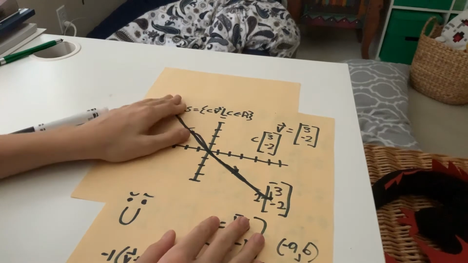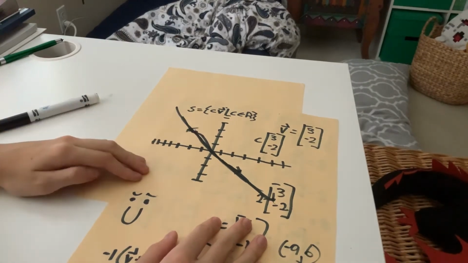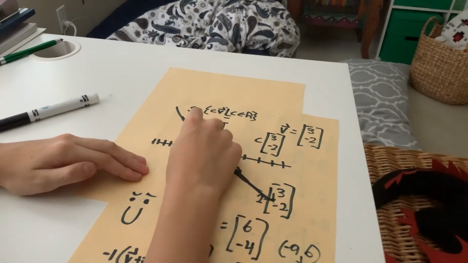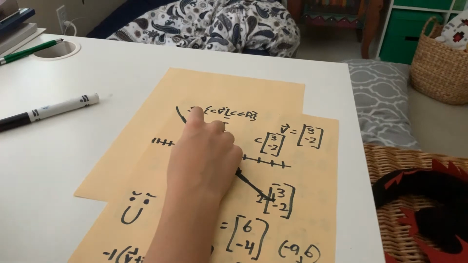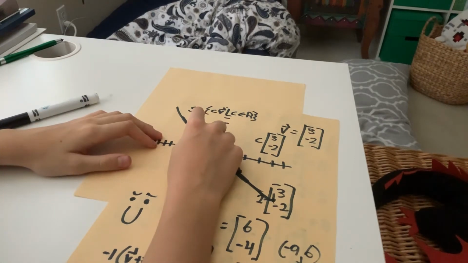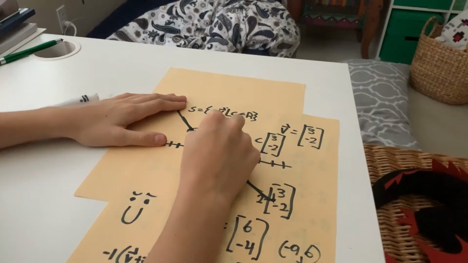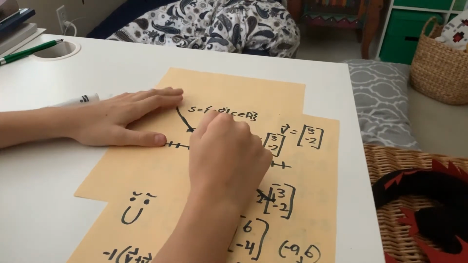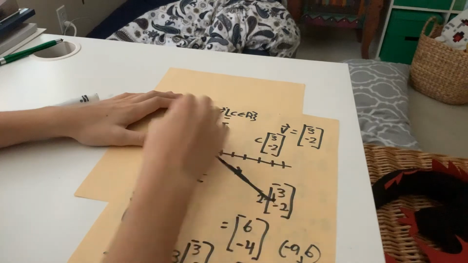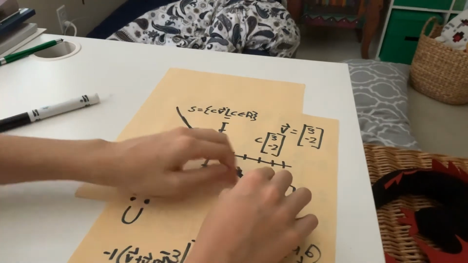We defined our set in this way, and whatever this v is, in this case a position vector, any constant multiplied by it in standard position can all be graphed through this line.